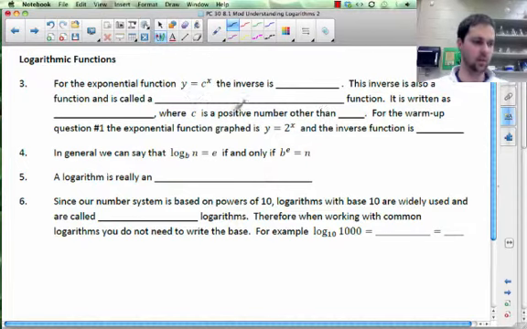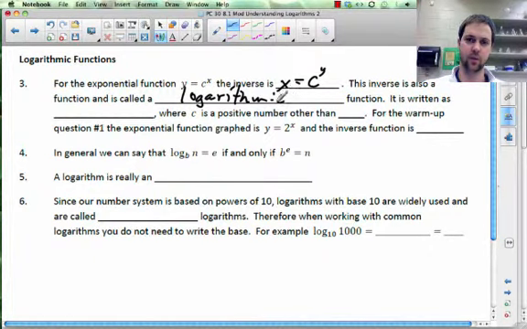You can read that if you want to. It's in your textbook. For the exponential function y equals c to the power of x, the inverse is x equals c to the power of y. This inverse is also a function and is called a logarithmic function.